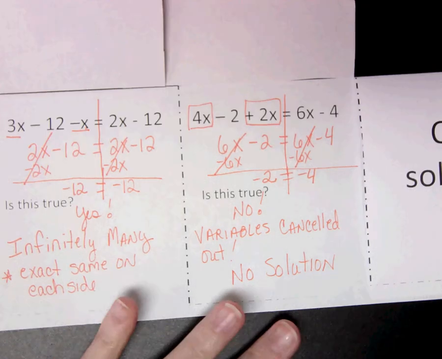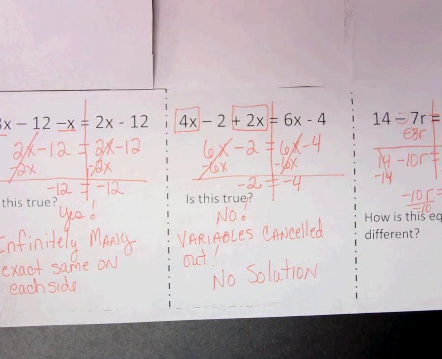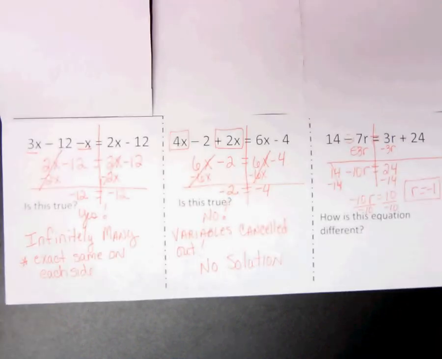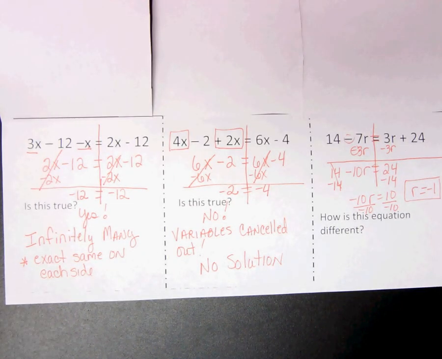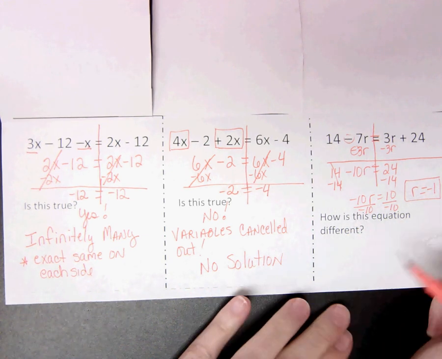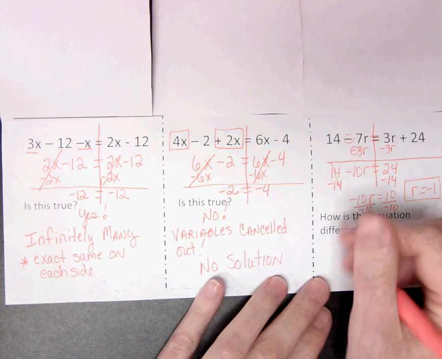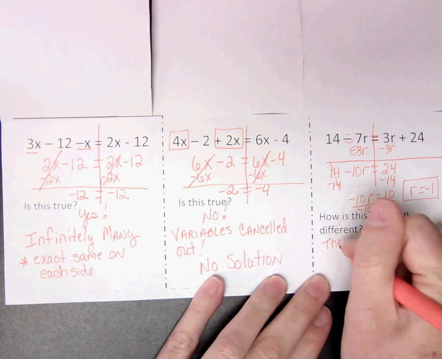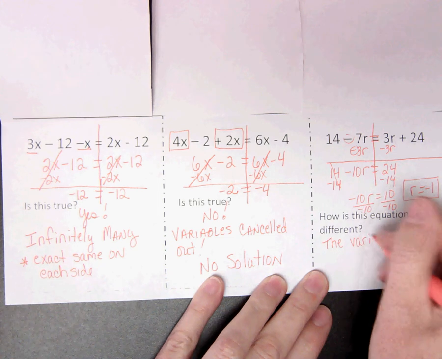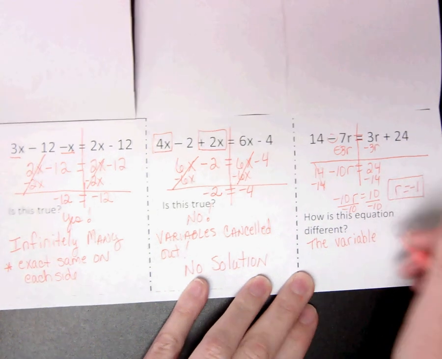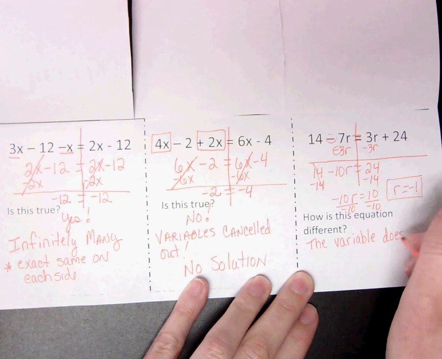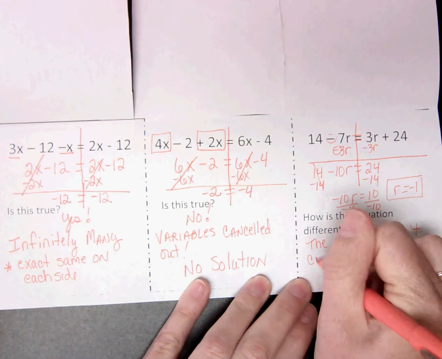Now, I told you I was going to ask you to come back and look at the one solution problem with me. How is the last equation different than the other two? I hope what you're noticing is that in a one solution equation, the variable doesn't cancel out.